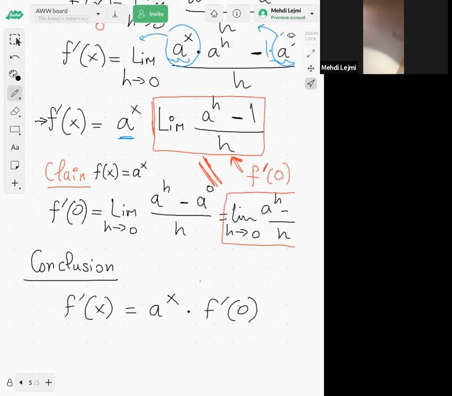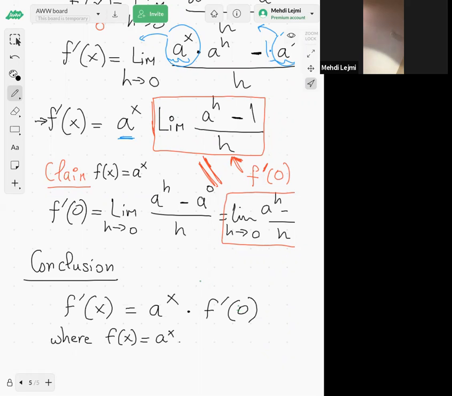Again, f of x is a to the x, my exponential function. So f prime of x is a to the x times f prime of 0.